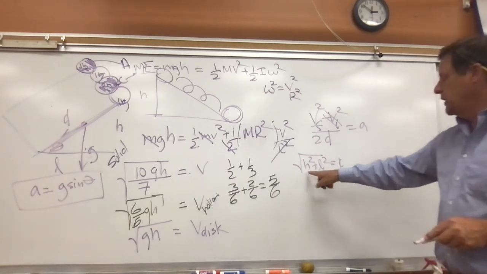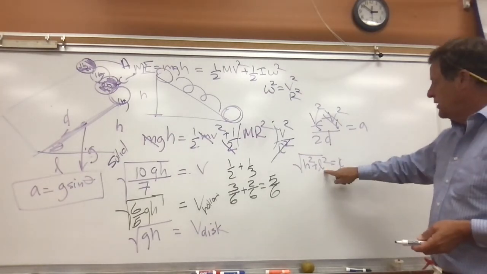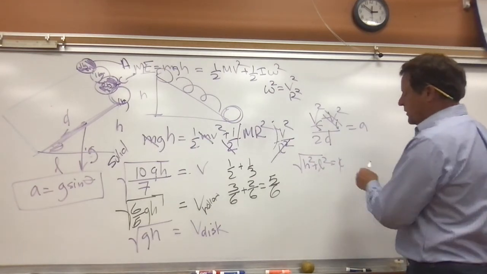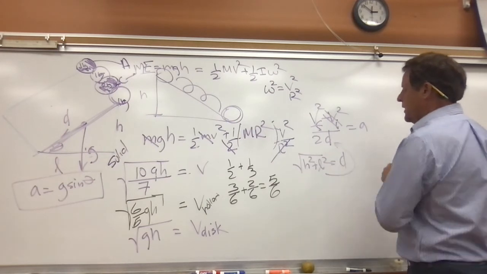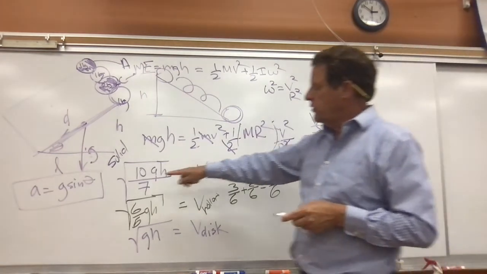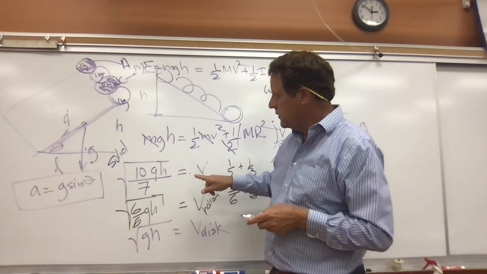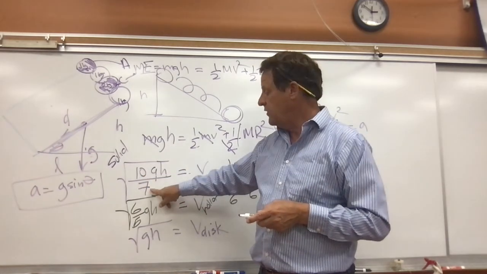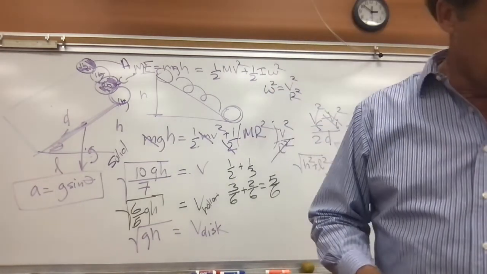But again, I didn't give you h and I didn't give you the length there, so you could leave it in this case. So it would be 2 times, and notice that you could plug that in there. But your velocity squared for the solid disk would be 10 sevenths, which would be 1 3/7.